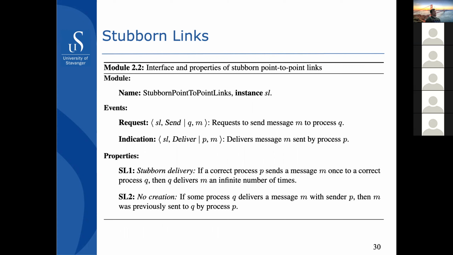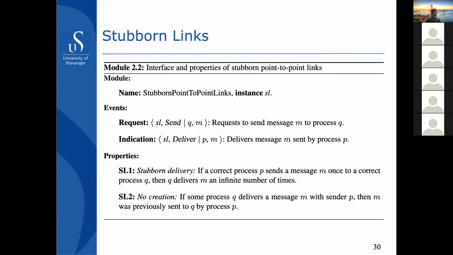And then on top of this, we have stubborn point-to-point links, and it has the same property number 2, no creation, and in addition we have a stubborn delivery property.